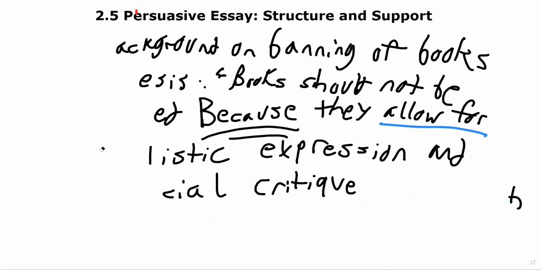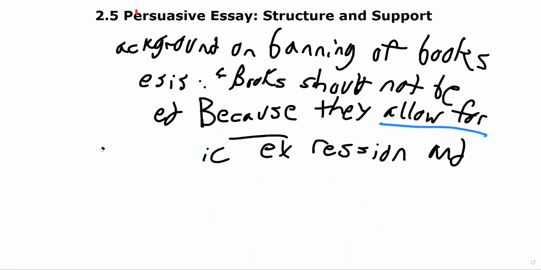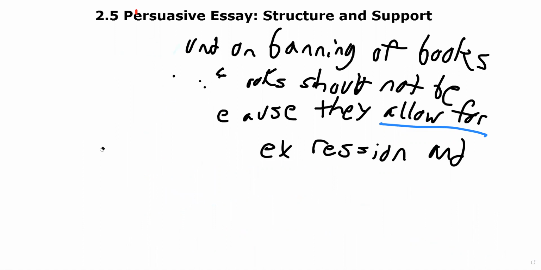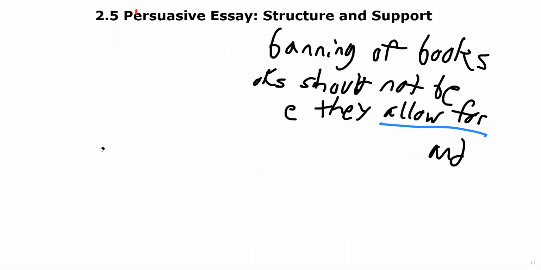All right, so we have our thesis statement and our general background information established in the introduction. We now want to use our body paragraphs to decide what evidence we want to use to exemplify our points. So we always want to be using evidence. The more specific evidence we can use, the better.